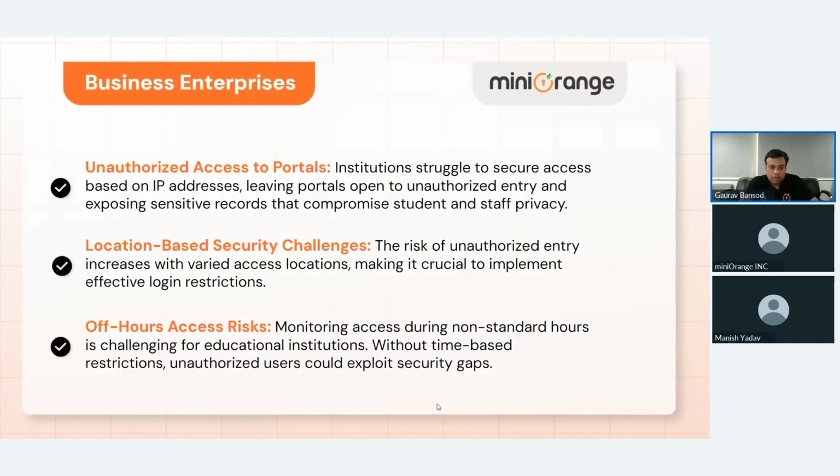Then comes the large organization. When we talk about large organizations, apart from the pain points I talked about for the IT industries, they have a different set of pain points. The employer wants to restrict employees with more than the basic user ID and password, because there are thousands of employees working remotely, from different locations and different IP addresses.